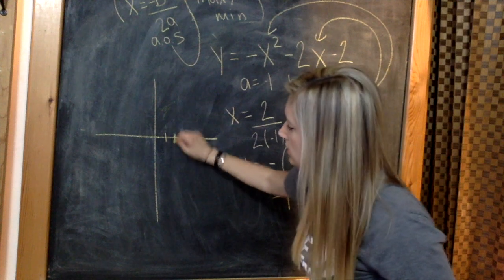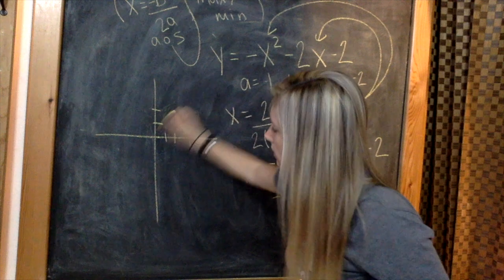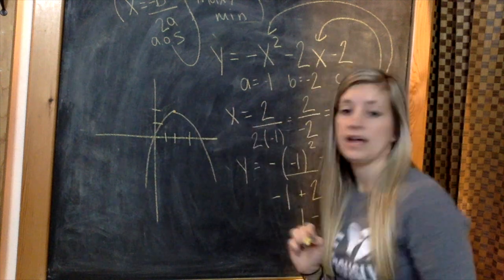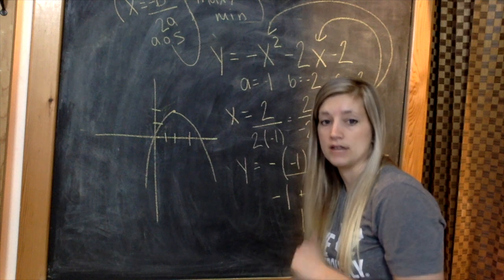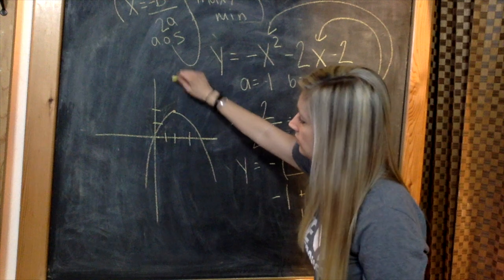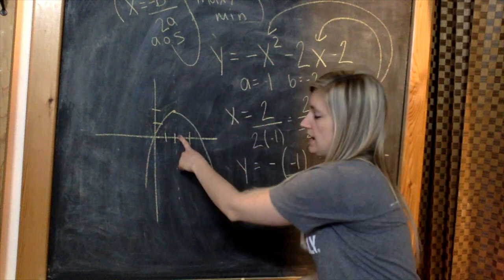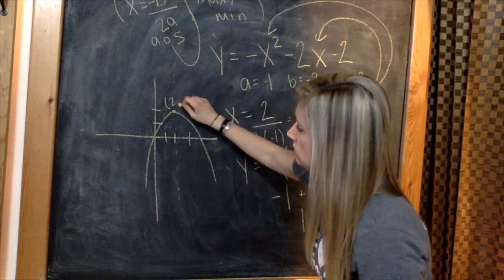Let's go 1, 2, 3, 1, 2. So if you have a parabola that looks like that, could you identify your vertex and tell me what that vertex is? Well, let's see. It folds in half here, x, and then our y is 2. So our vertex would be 2, 2.